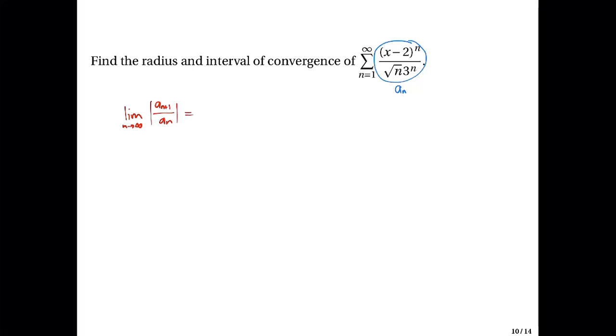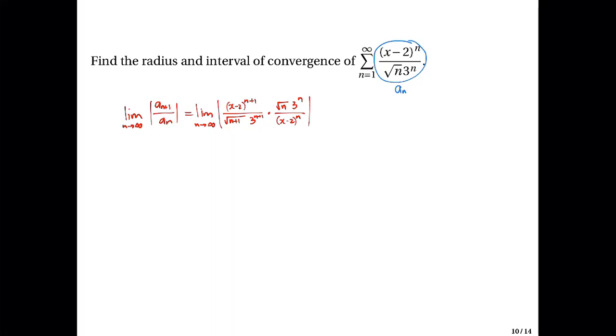So in here, this is just the limit as n approaches plus infinity of x minus 2 to the n plus 1 over square root of n plus 1, then we have 3 to the n plus 1. And then let's just multiply this by the reciprocal of a sub n. The reciprocal is just square root of n, 3 to the n, over x minus 2 raised to n. Then we close this absolute value.